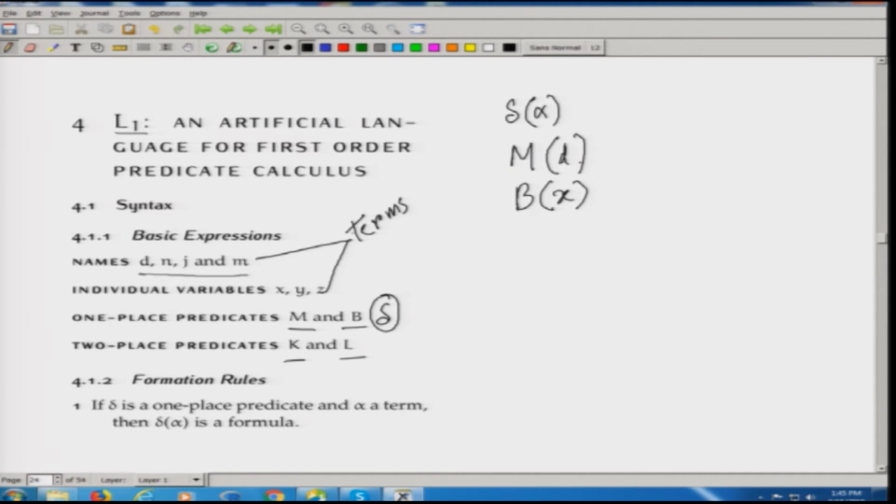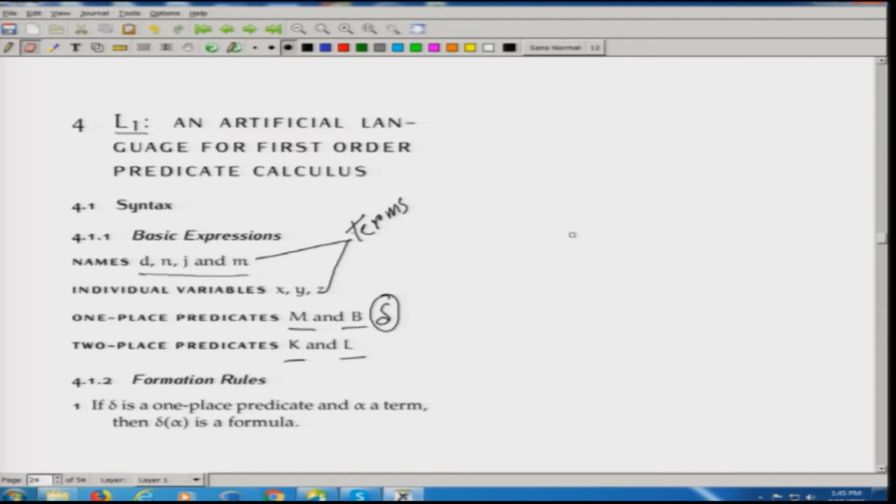I have taken one term, that is one individual thing, either variable or constant, and one place predicate. So I can make many different formulae by using this rule. What is banned is something like D M. This is banned. It is not allowed to make anything like this, but these are fine.